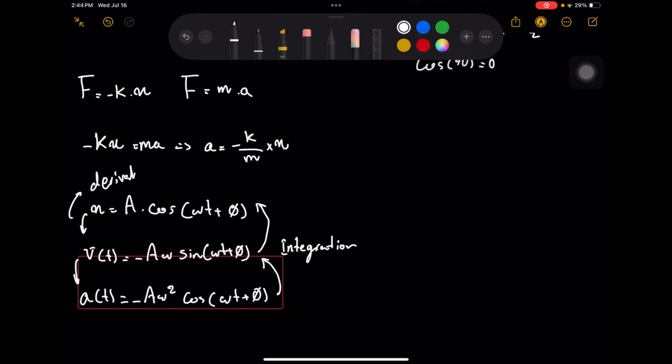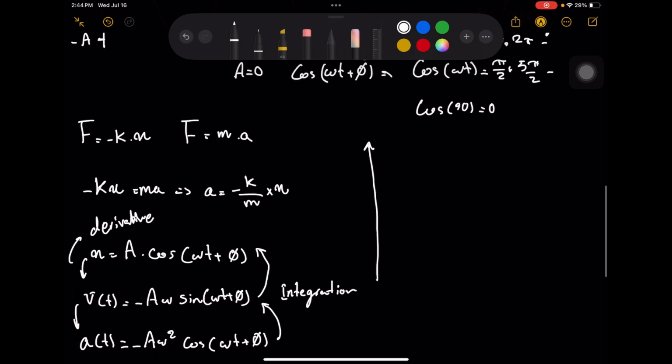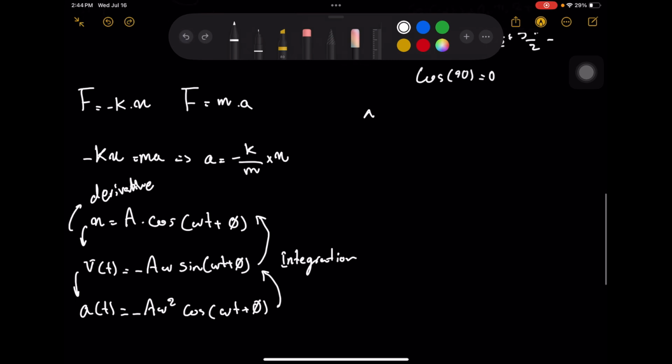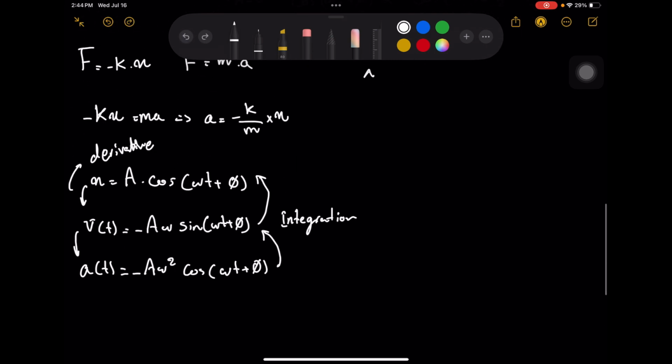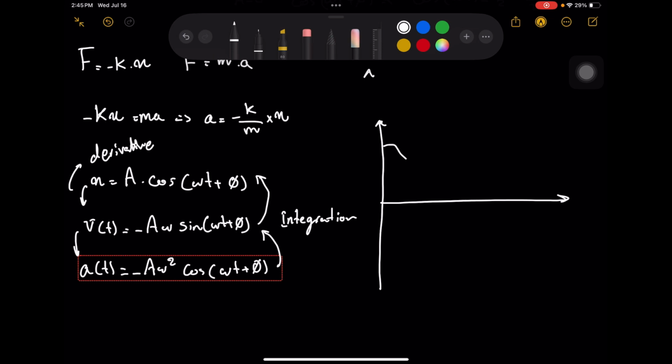So what is a derivative? A derivative is basically the slope of a graph, and integration is basically the area under the graph. Let's draw another graph over here. I want to visualize it. So, for example, let's say that's our motion, right?